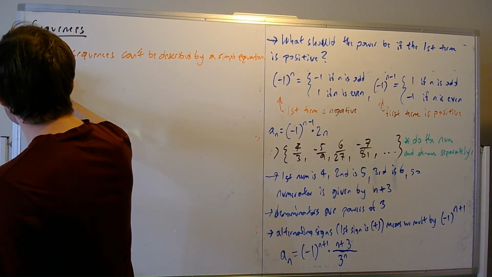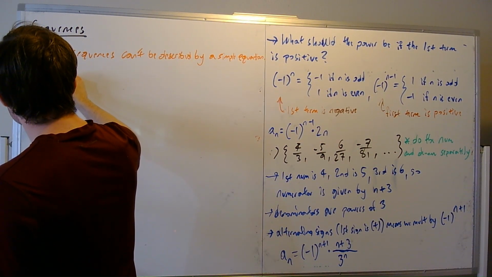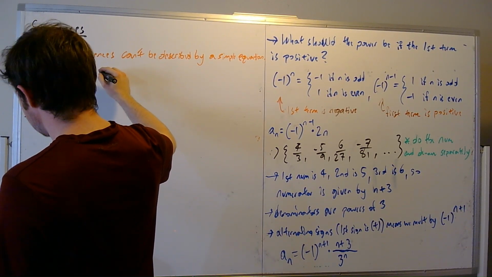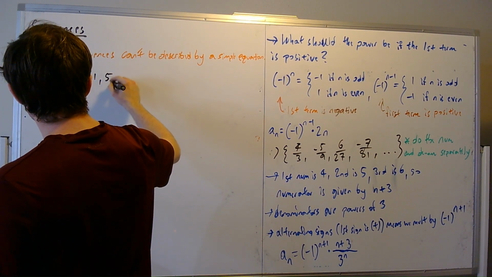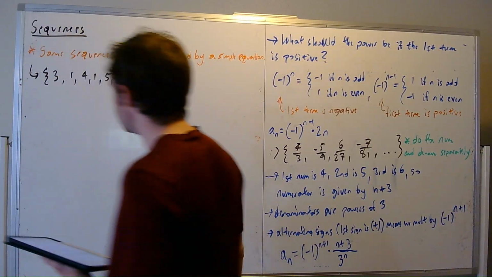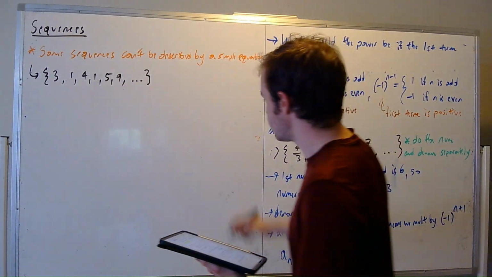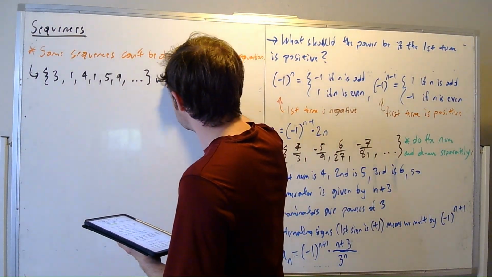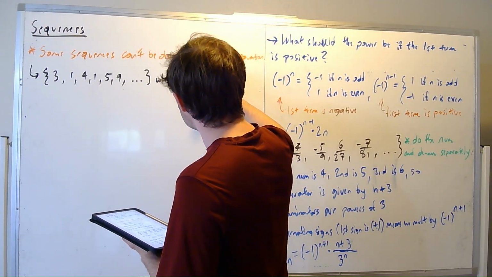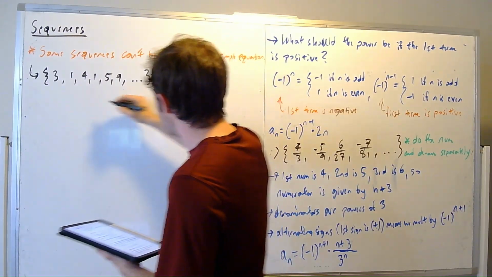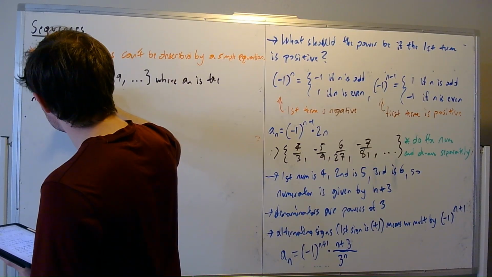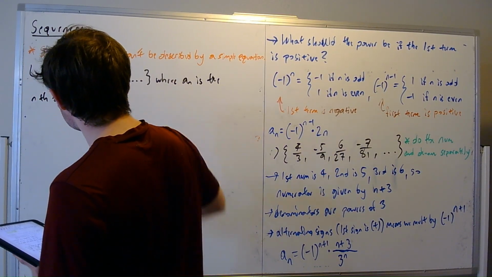Let's say we have the sequence 3, 1, 4, 1, 5, 9, and so on. So you might recognize that this sequence is actually, where an is the nth digit of pi, right?